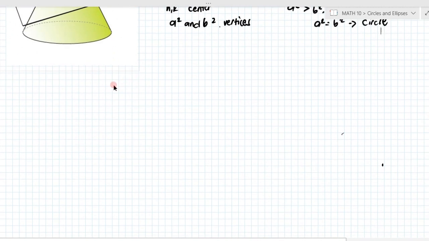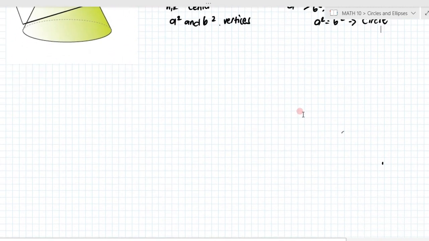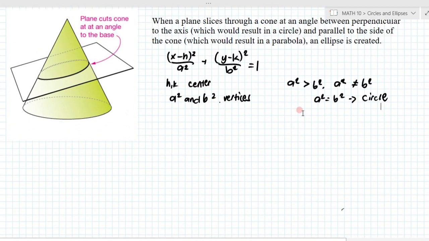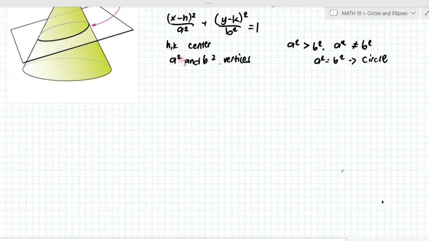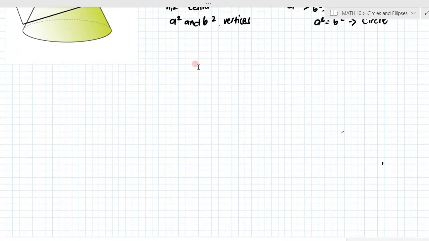So to graph, always remember that formula. Just like how we graph our circle, we need to have a formula first.